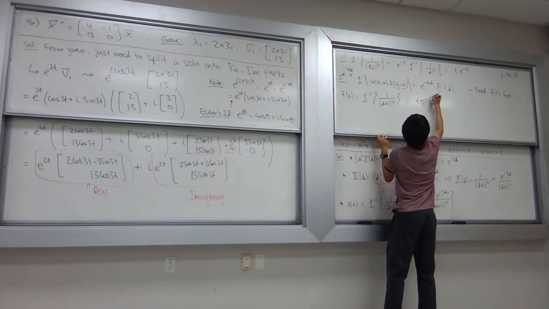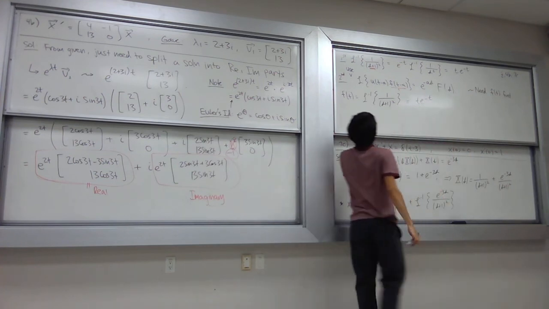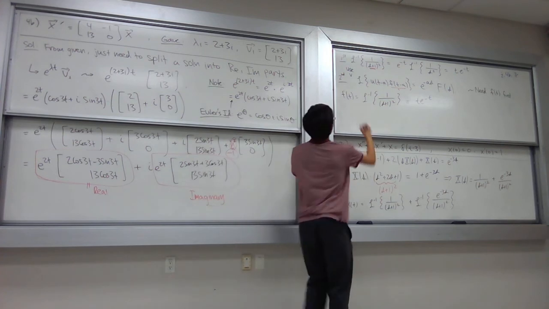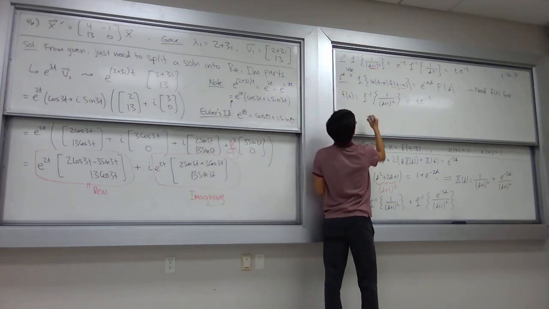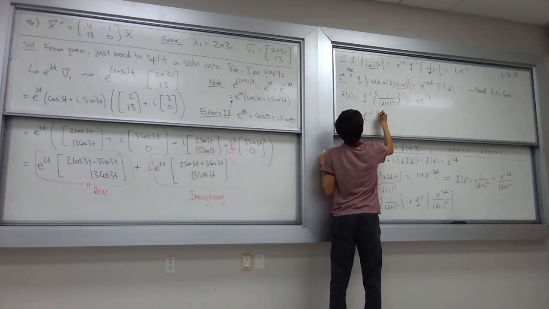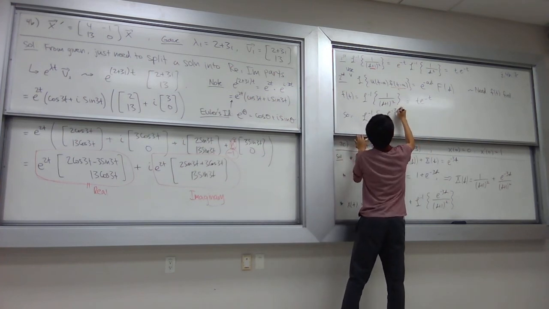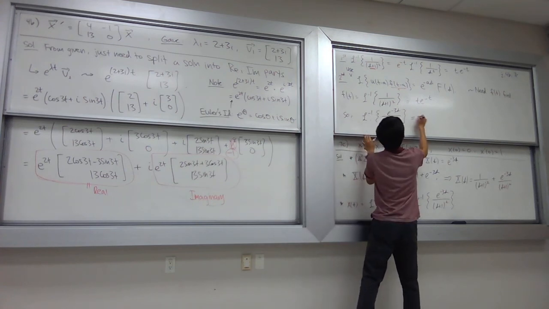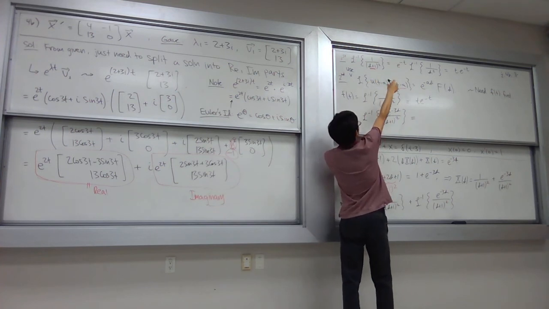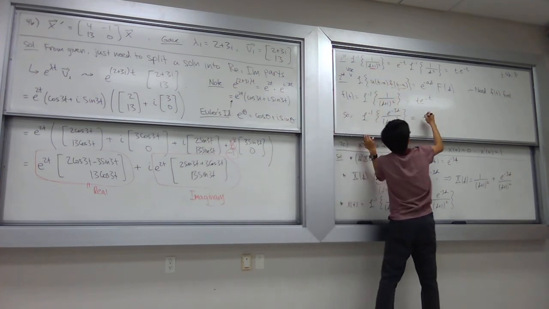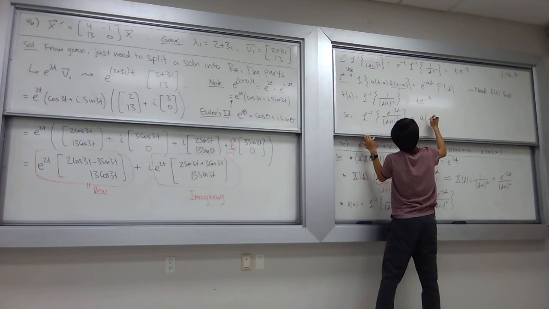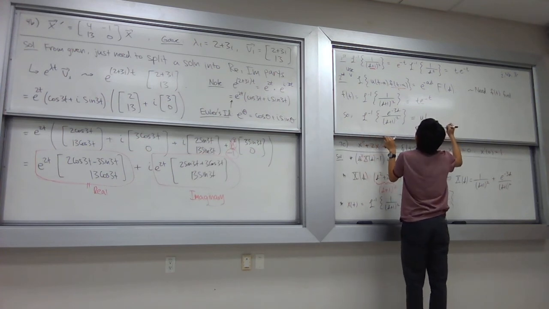So we want L inverse of this over s plus 1 squared. Using this property, it's going to be this inside. So what's our a in this case? 3.